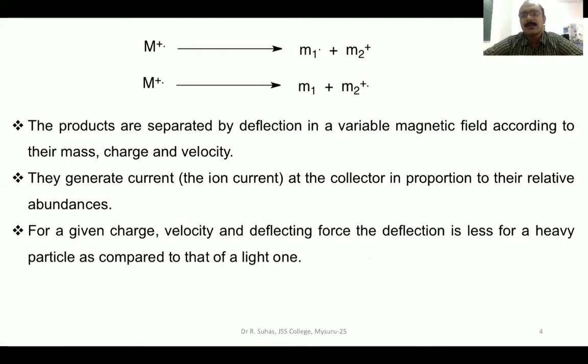That means if the daughter ion formed is very heavy, the deflection will be less, and vice versa. If the mass of the daughter ion is very small, the deflection will be much more. So the movement of the ions in the spectrometer will be high for the lighter ones and less for the heavier ones.